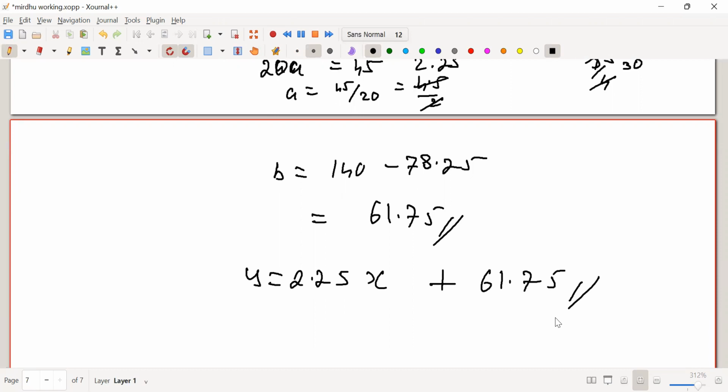See, this is the relation between the forearm and the height, and we got this. This is not an option, this is the real answer. If you know this, you can easily find your height with this relation.